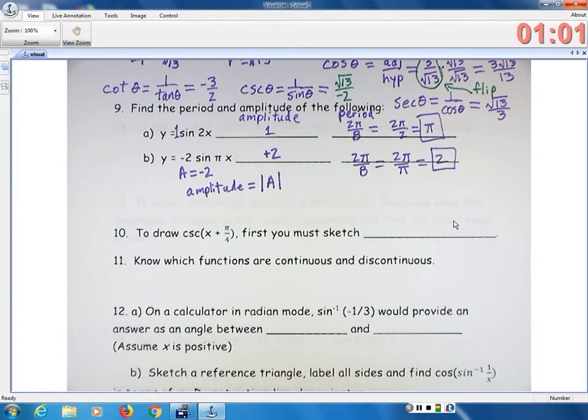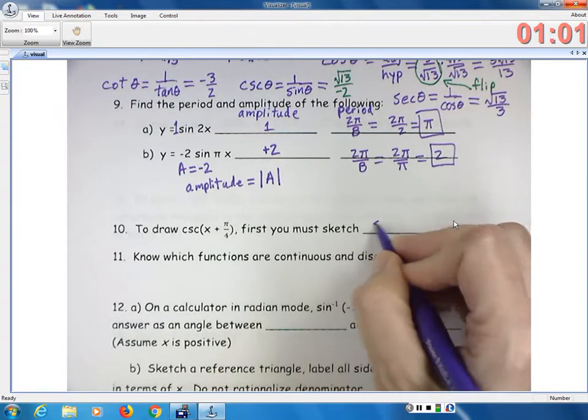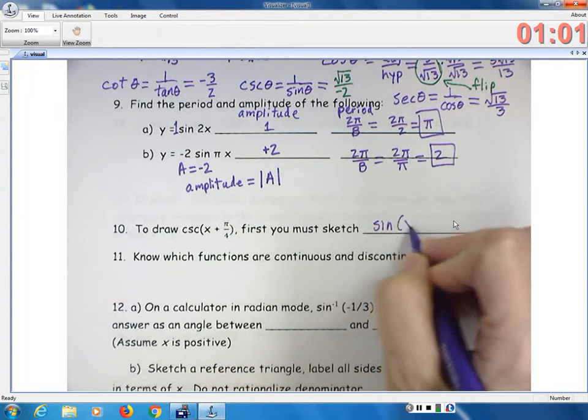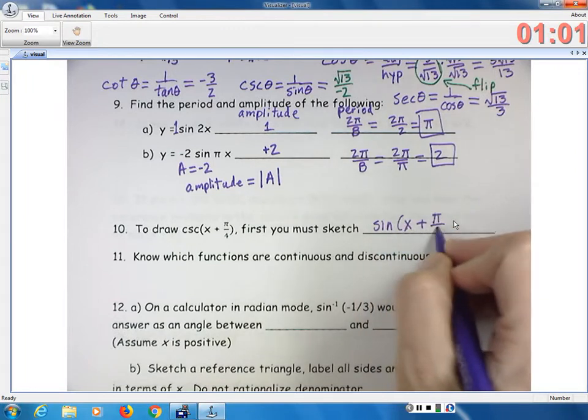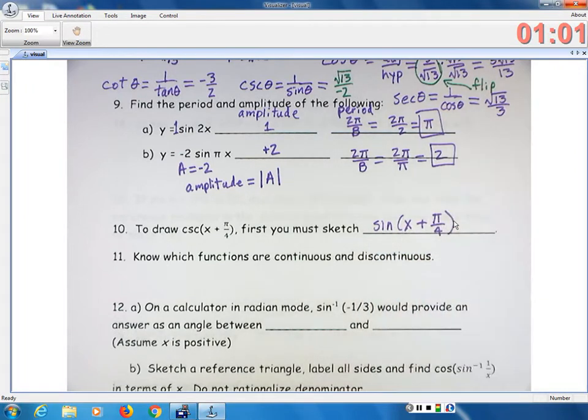Cosecant is 1 over sine. So to sketch this, you're going to sketch first sine of x plus pi over 4. That's all. And then you would try to flip everything, and you don't have to do that on the test.